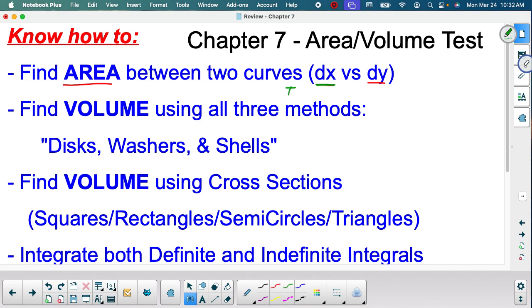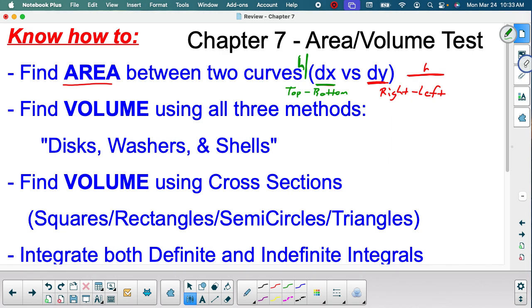It's always the top minus the bottom as I go along the x-axis. If I do it in terms of dy, that's always going to be my rightmost function minus my leftmost function, because my pieces are going side to side. Finding the height of those rectangles goes side to side, versus finding the height going up and down. And finding bounds, I set the functions equal to each other to find where they intersect.